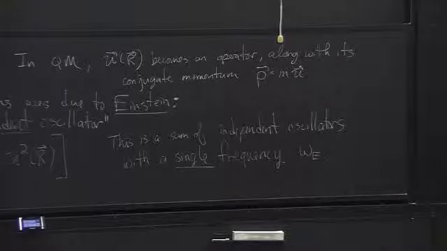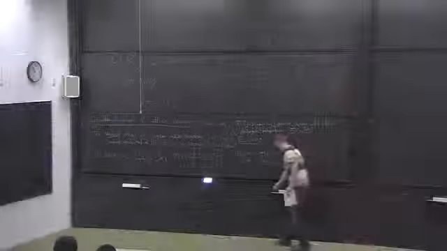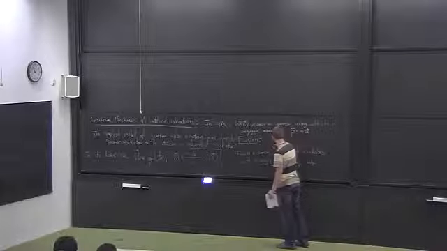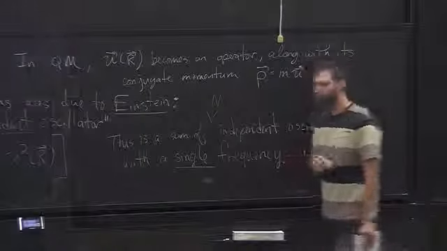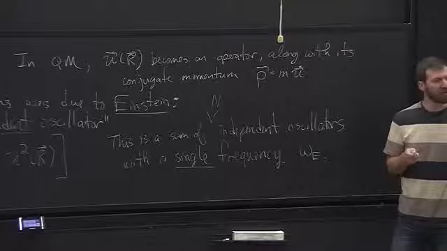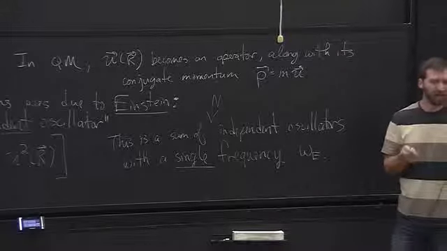So this is some number of independent oscillators. Actually, if we're considering a lattice in a three-dimensional simple cubic configuration, there's n atoms in that lattice. But there's also 3 spatial dimensions.